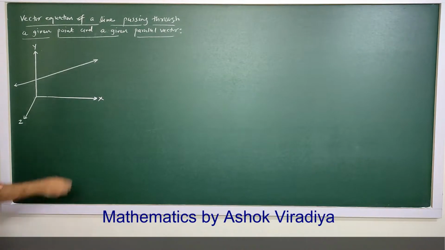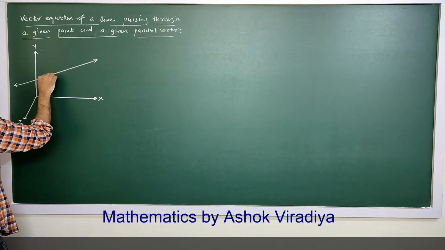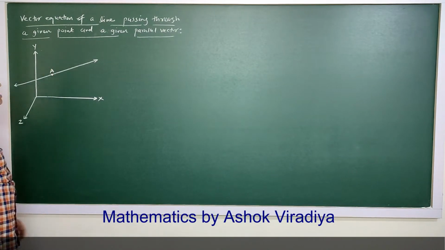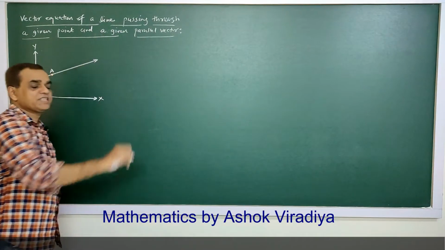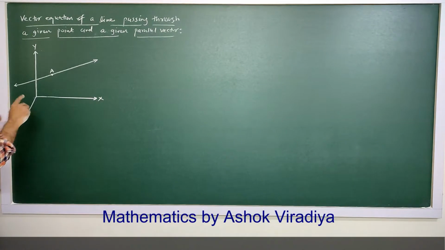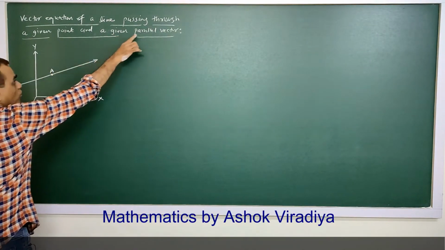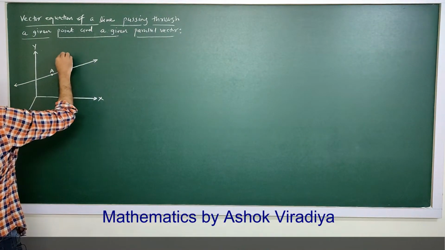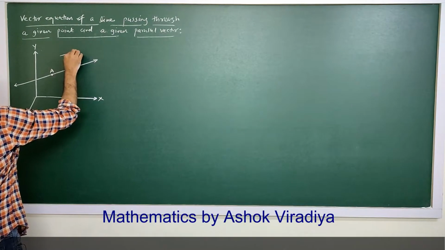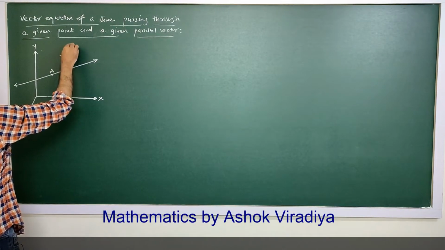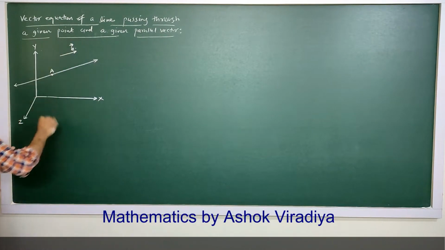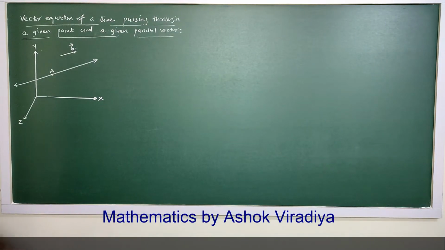On this line, suppose this point is given. Let me say the point is A. A is the given point. The line is passing through this given point, and it is parallel to a vector. Suppose this line L is parallel to a vector B and it is passing through A.